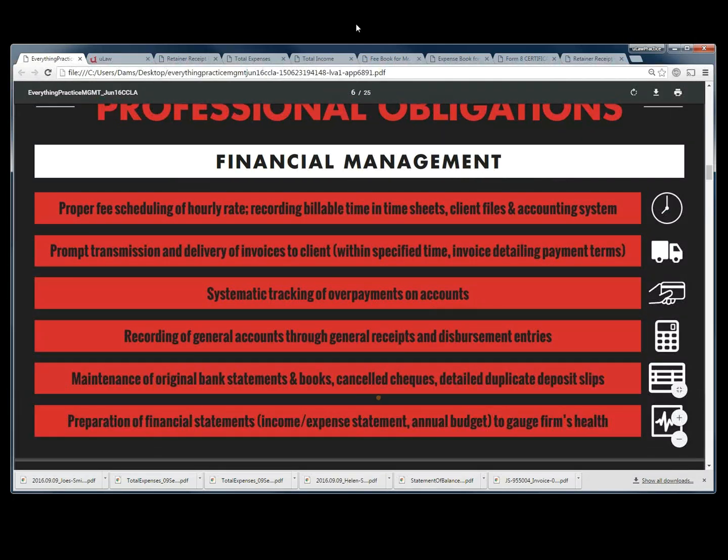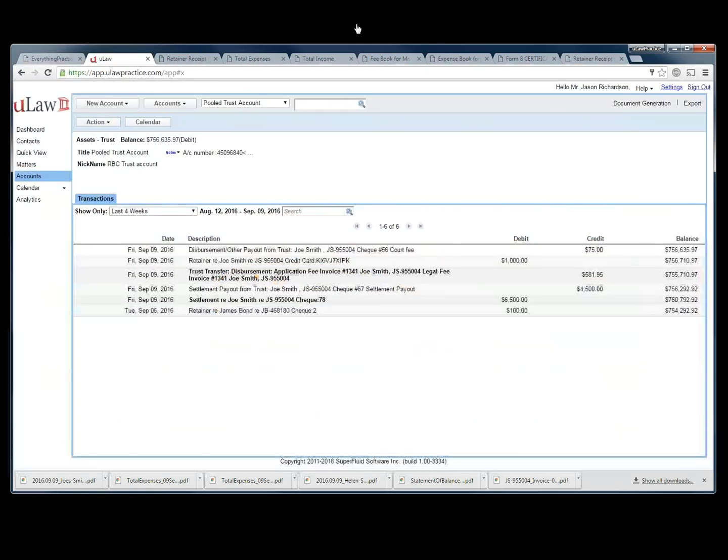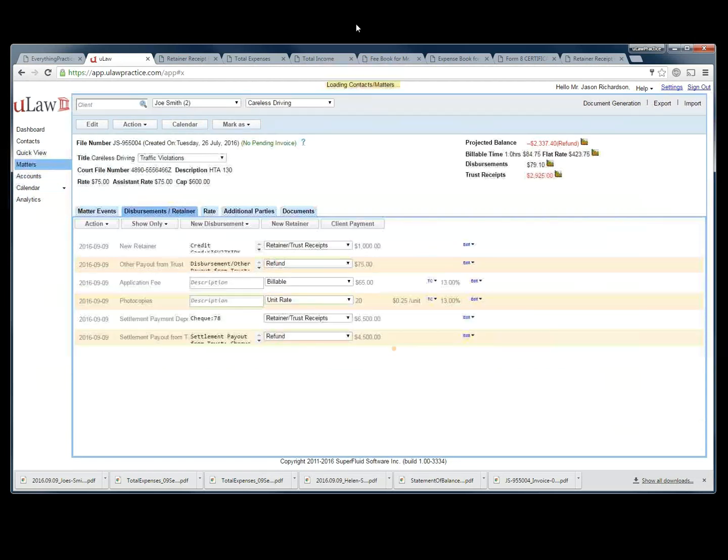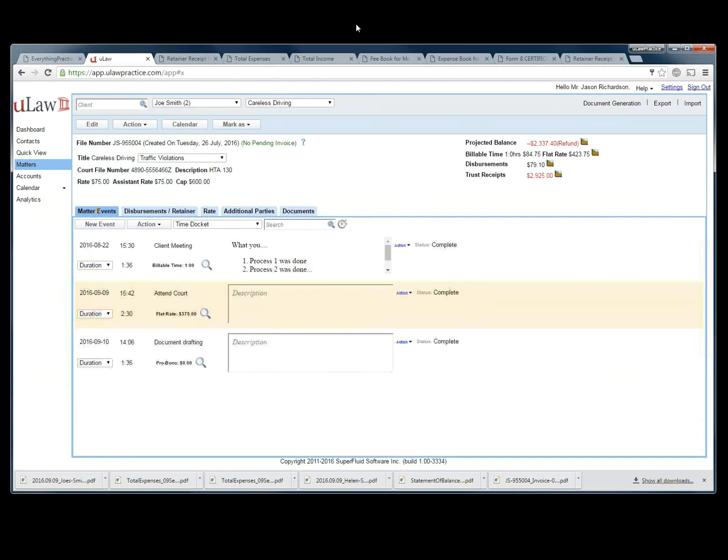Now, canceled checks, maintaining them is very obvious because you don't want that to come back and haunt you. Similarly, original bank statements and books, there's a clear reason why we need to maintain them, okay? We want to track systematic overpayments on accounts. Let's come to that in a second, okay? Let's say the client here, and I'm going to purposely put a very large bill, and that's the only way we will be able to do this.